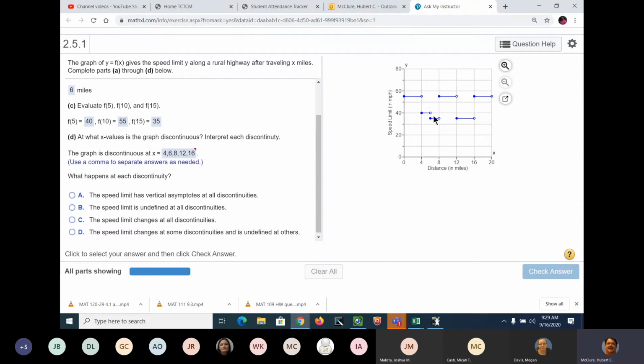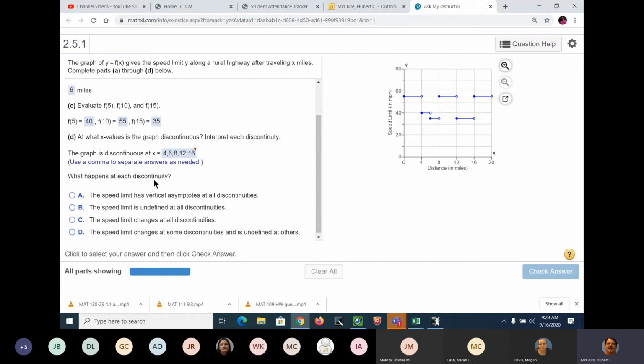It's discontinuous here. It's discontinuous here. And it's discontinuous here. And technically it's discontinuous at 20, but that's the end of the function. I don't like question D, because that's a little bit misleading.